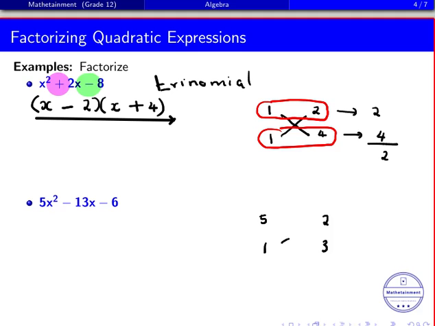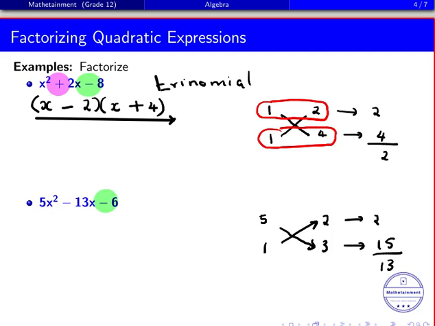Let's see if I'm getting the correct middle term. 1 times 2 is 2. 5 times 3 is 15. And the sign that I'm highlighting in green says that I need to subtract those products. And when I subtract them, it drops down to 13, which is precisely the middle term.